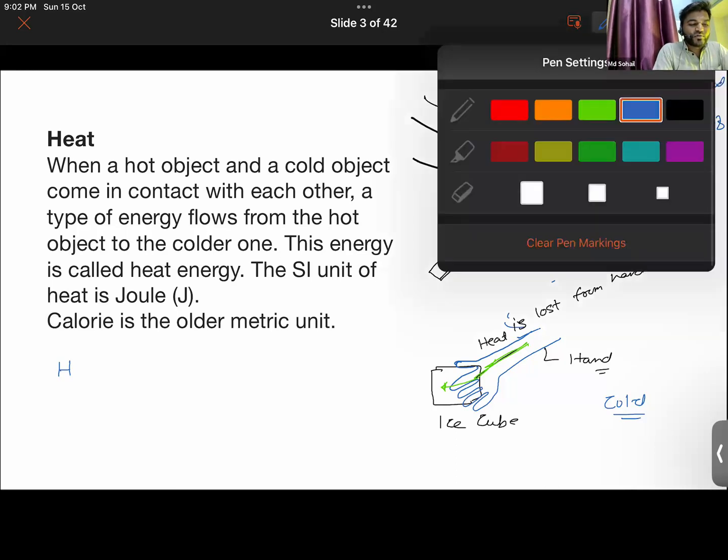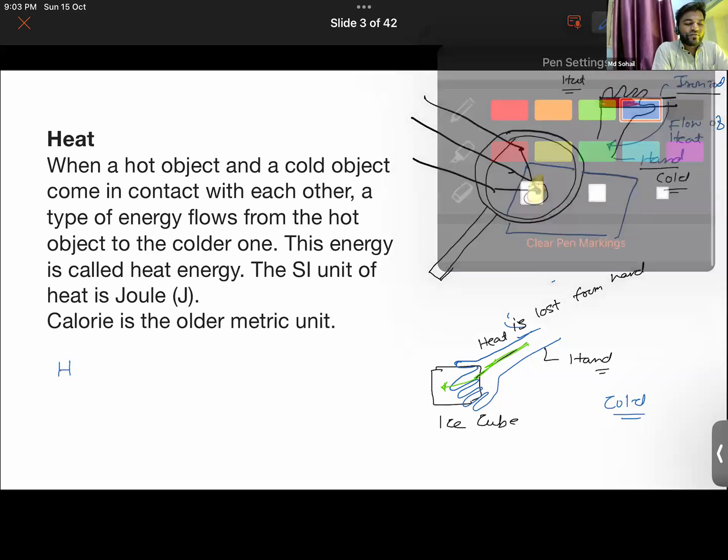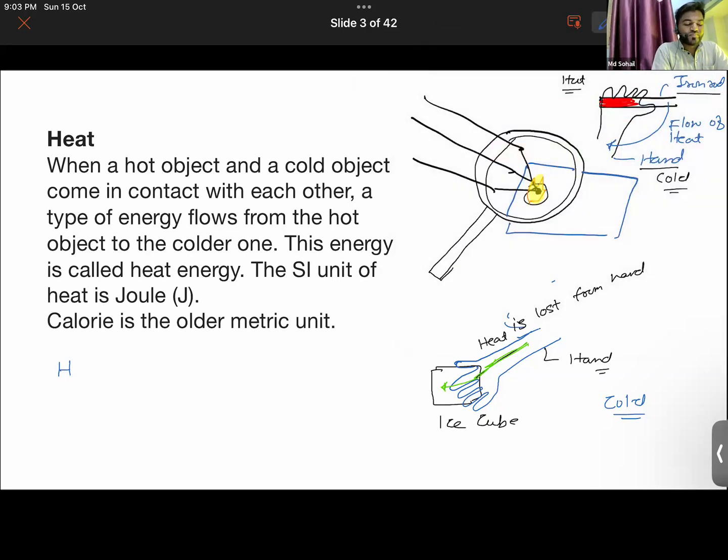The iron rod is a hotter body in comparison to our hand. Our hand is also usually somewhat warm, but as compared to this iron rod, it is colder now. So the iron rod is a hot body, our hand is a cold body in respect to that, and heat will travel from the iron rod to our hand, right?